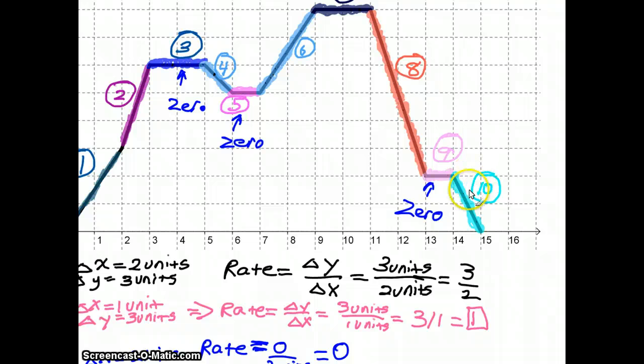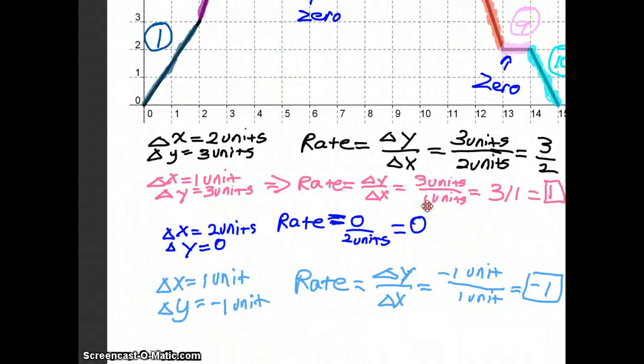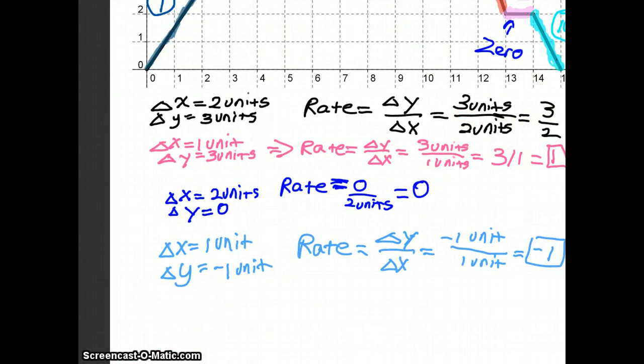What I'm going to do is phase 10 here and say, okay, well, looking at phase 10, that starts at a time of 14, goes to a time of 15. So our delta x for phase number 10 here is a change of 1 unit.